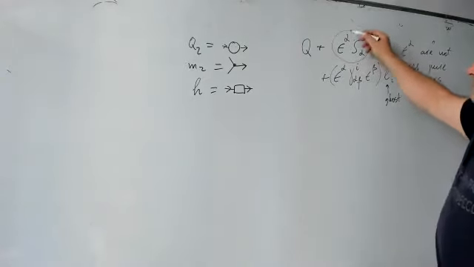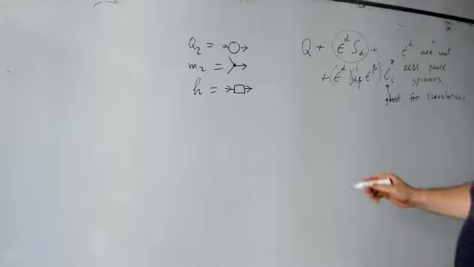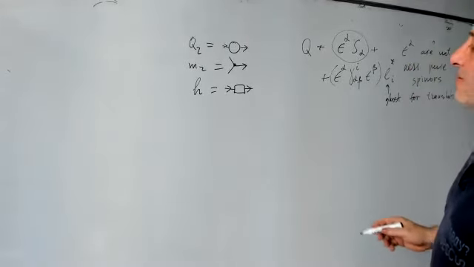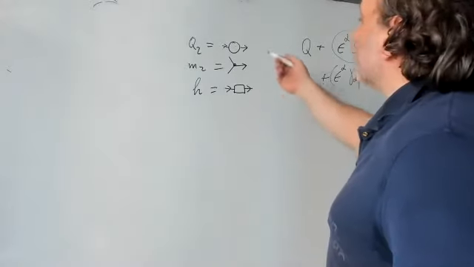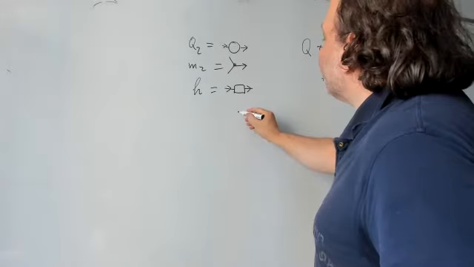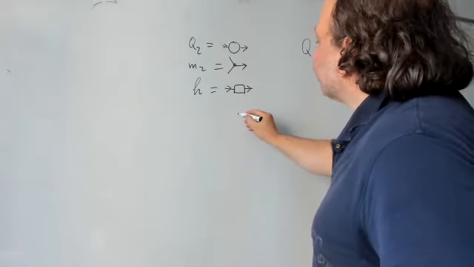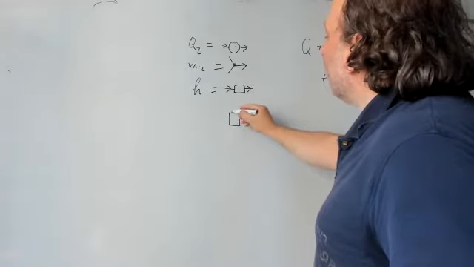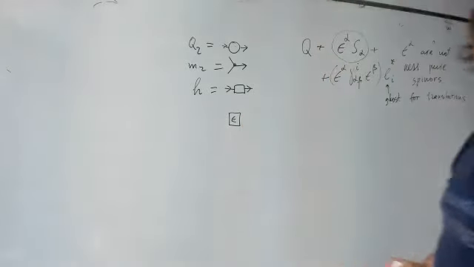What is this? I can depict it with some other symbol, so let me use this symbol, a square with epsilon inside.